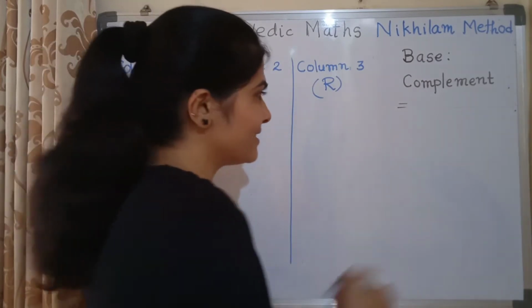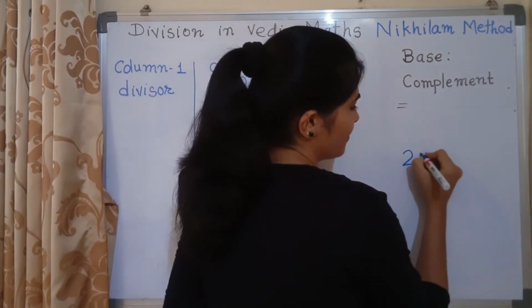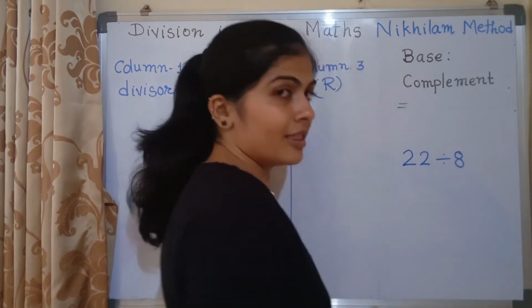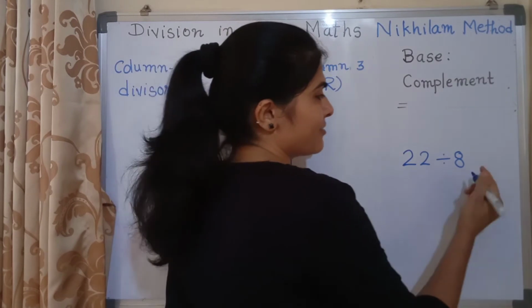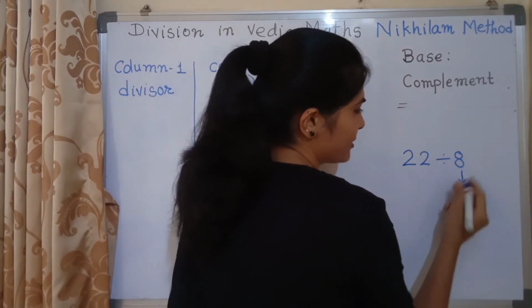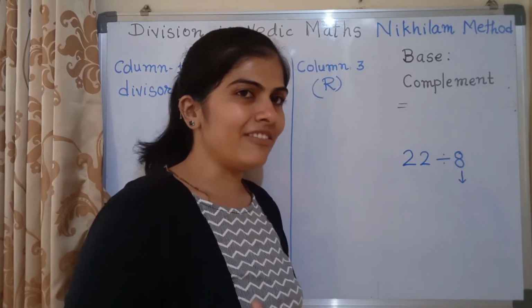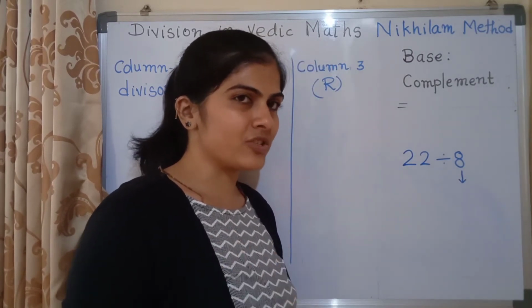So first let's consider 22 divided by 8. Now what is this divisor? This divisor is 8, so it is close to 10. And you know how to choose this, that I have already explained in the multiplication part.